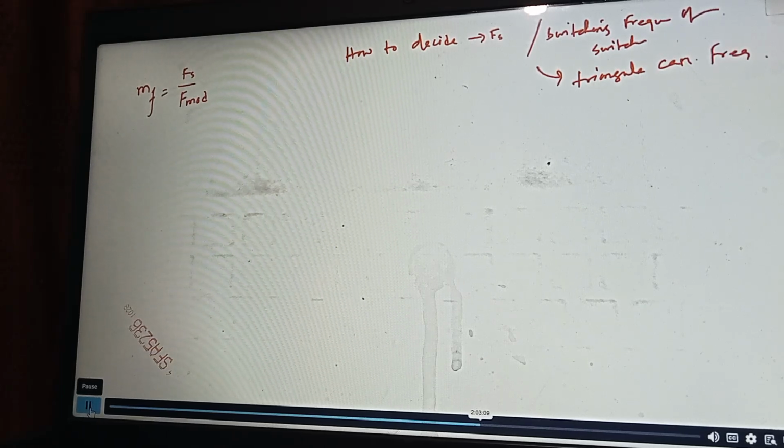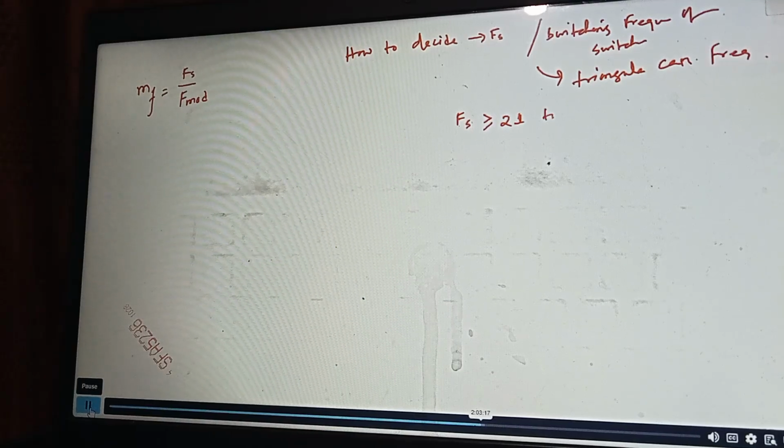So how do you decide that? At least I know it has to be more than 21 times. So Fs has to be greater than or equal to 21 times F mod. That is coming mainly because of hardware limitation, and there are other reasons also. I'll tell one by one.